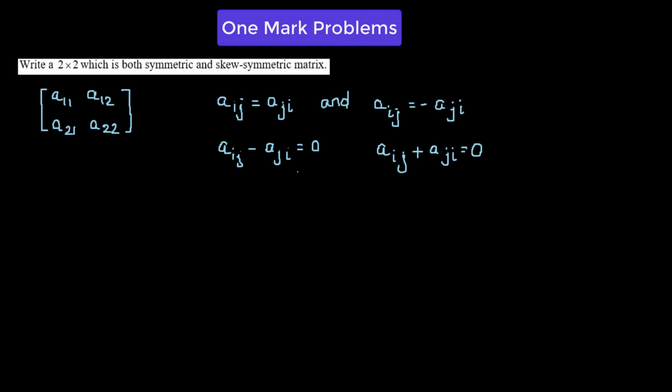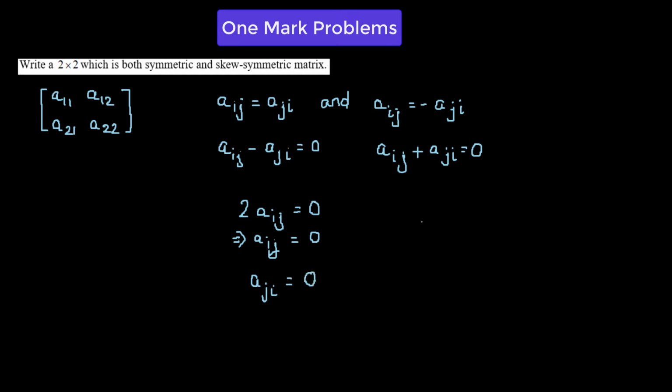Now for this we can add them. So when we add together, what we get is 2 Aij equals to 0, which implies Aij is equal to 0. Then we substitute the value of Aij in the first one, then that gives us Aji is equal to 0.